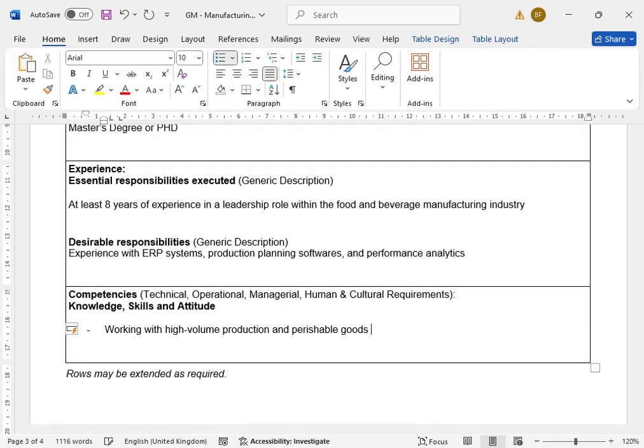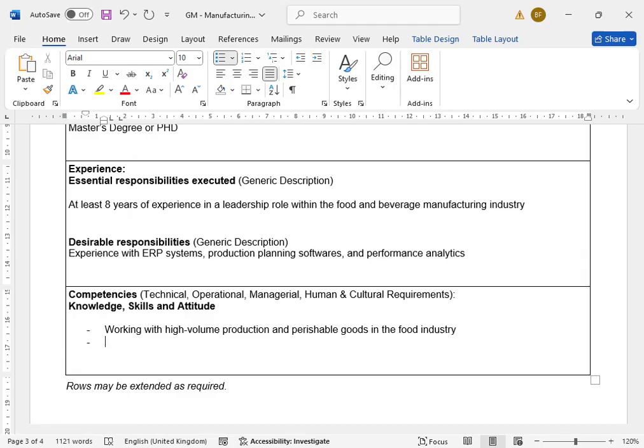Okay, I just add in the food industry. I would also add certifications in Lean Six Sigma.